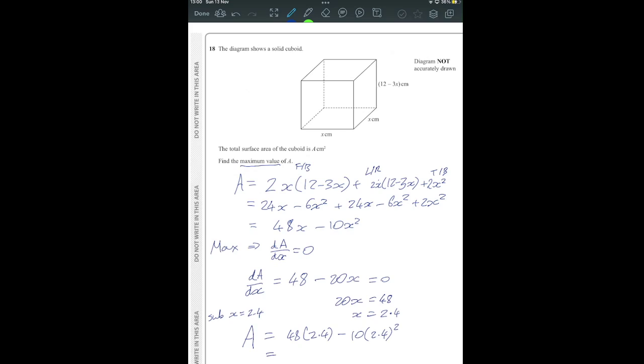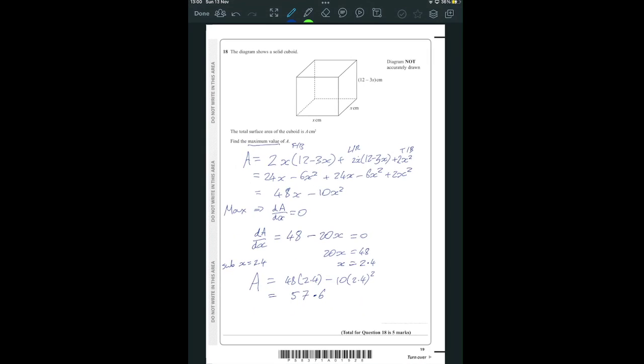And we get an answer of 57.6. And that's the maximum value of this surface area as x changes across all of its possible values.